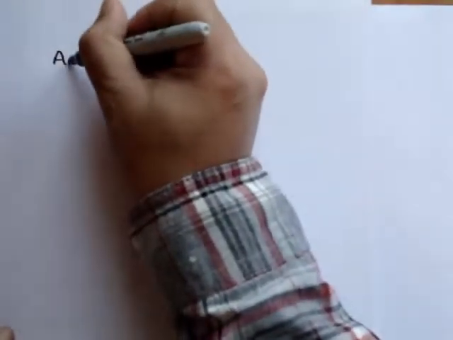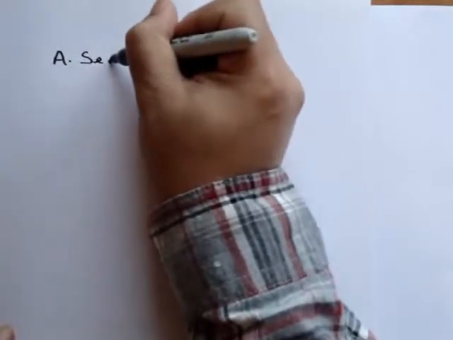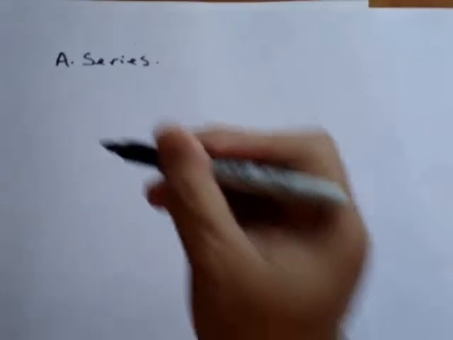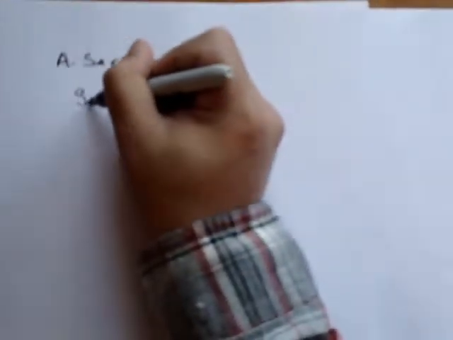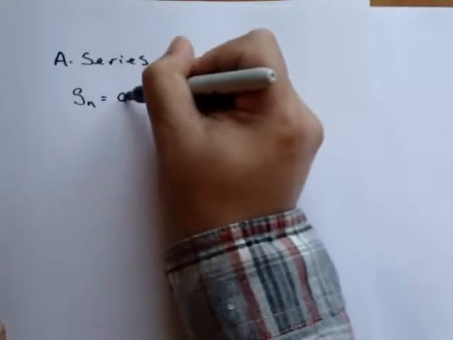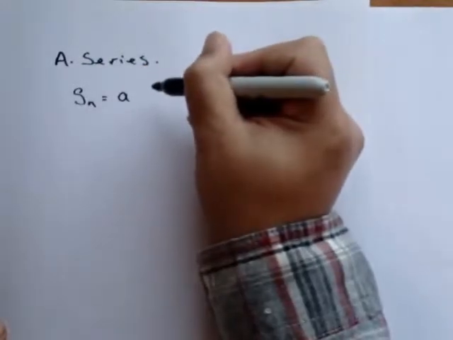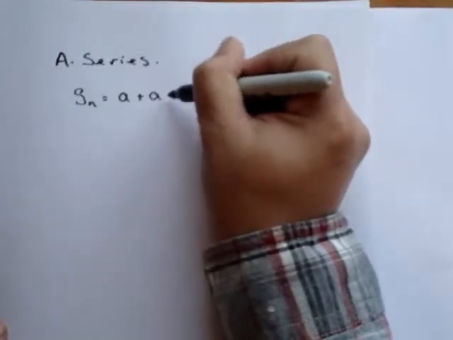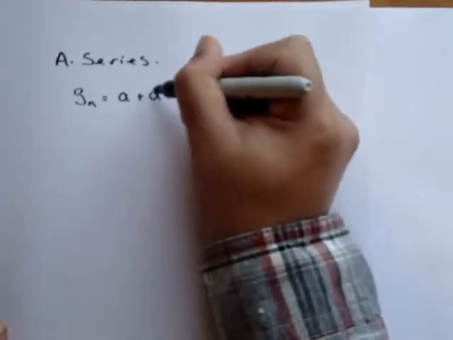If we have the arithmetic series again, we can write the sum of terms, s sub n, as a, and then the second term as a plus the common difference.